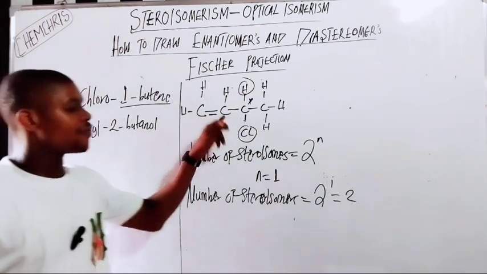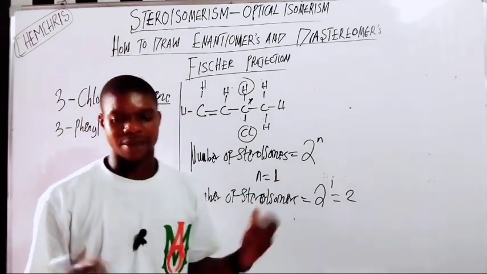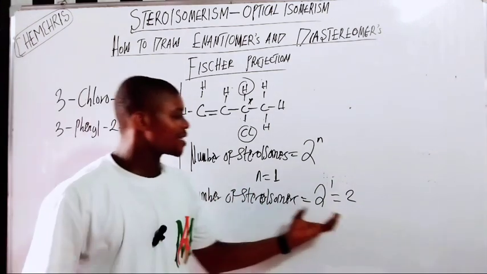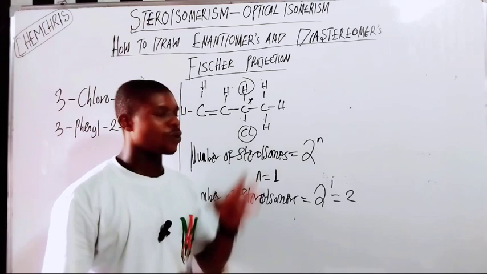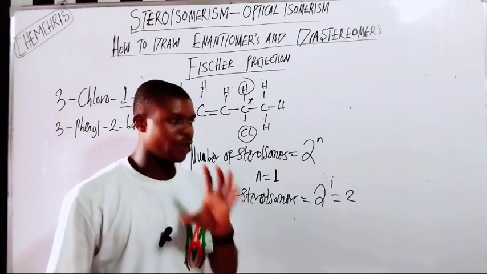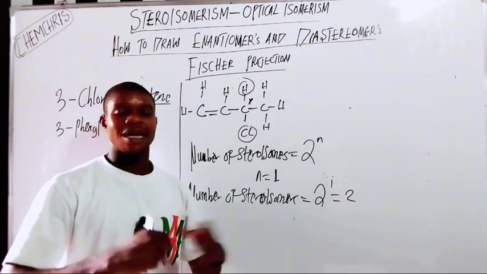That is, this molecule has 2 possible stereoisomers, as easy as that. Do you get it?